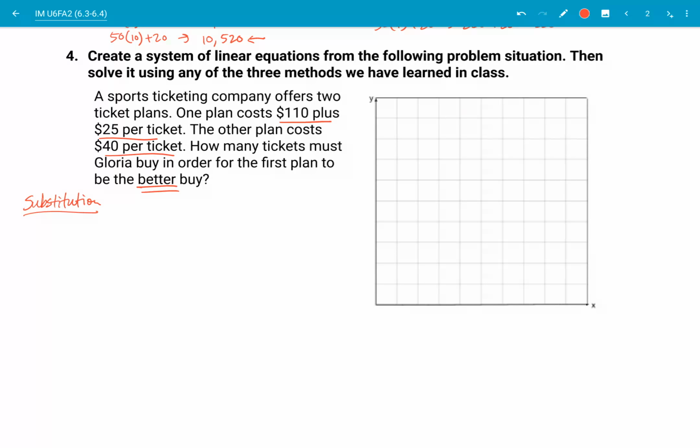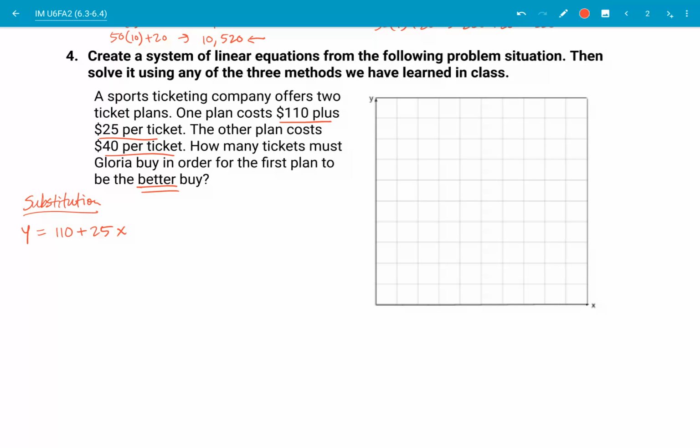We can represent this first sentence, one plan costs $110, as the amount that we pay in the plan is y, and we pay $110 plus $25 per ticket, and we'll make the number of tickets that we buy x.